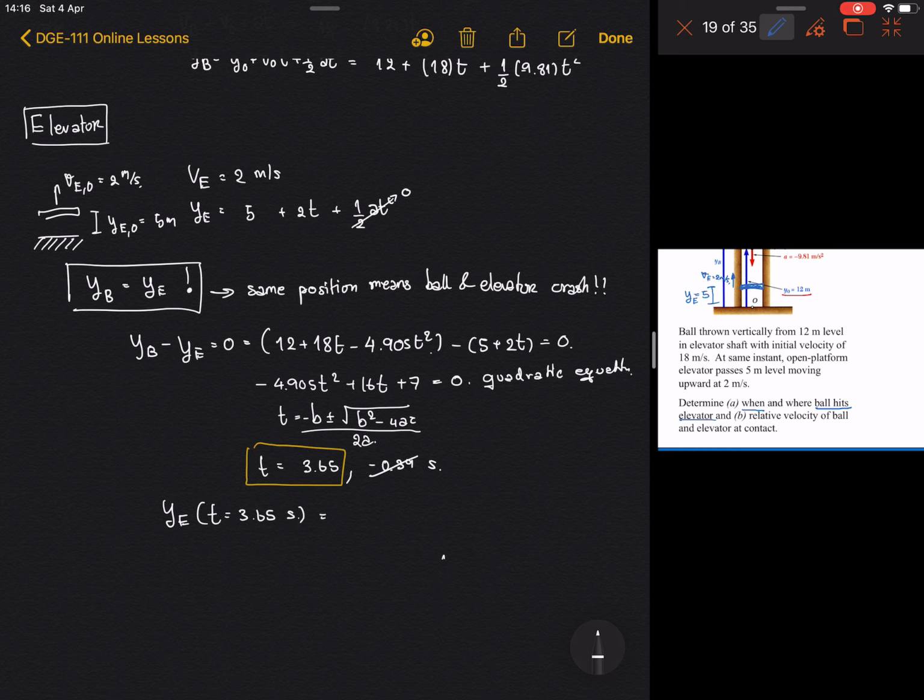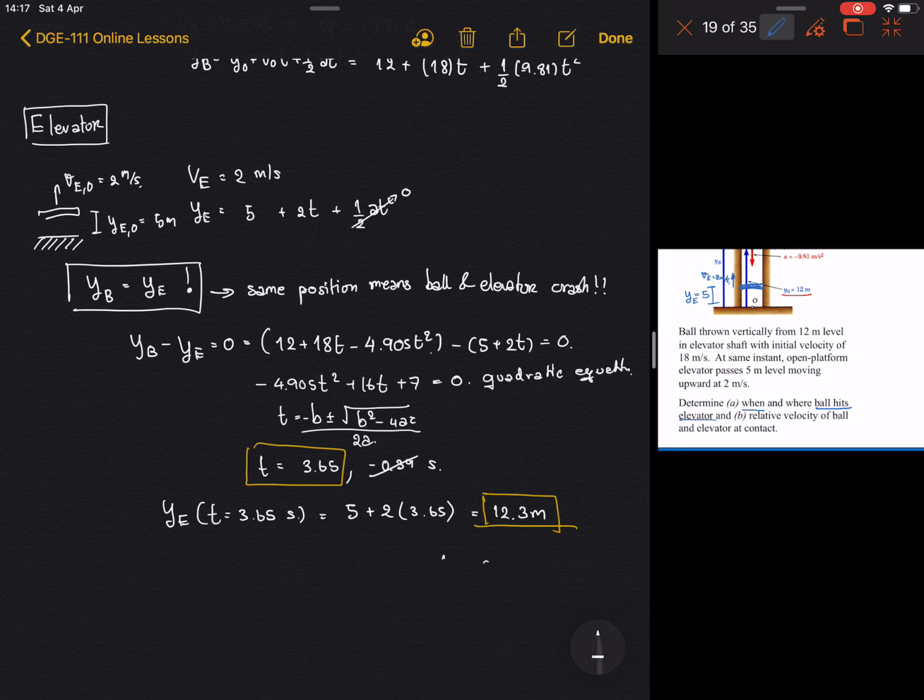How much is that? Ye is equal to 5 plus 2 times 3.65, and then is equal to 12.3 meters. This is the position where it crashed.